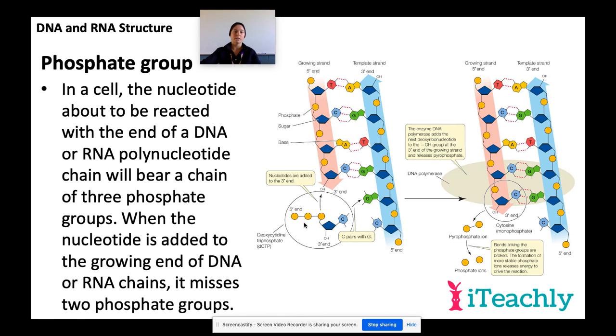This is important because of how we add nucleotides to our molecules. I'm not going to spend a whole lot of time on this, but I wanted to reference that by themselves they'll have these 3 phosphates.